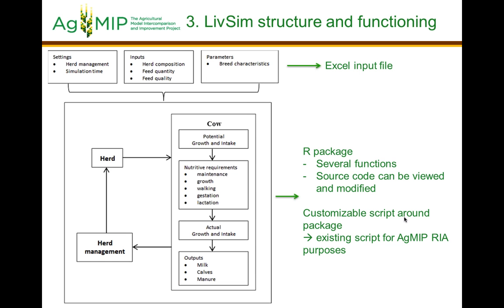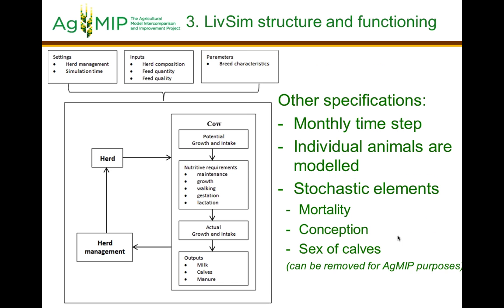For the AgMIP purposes, and for other projects in the past and other current projects as well, you can write your own script around the package to run it. For AgMIP, we've developed a script that can be used by the different teams for the regional integrated assessment analyses. I'll talk a bit more about that later on as well.